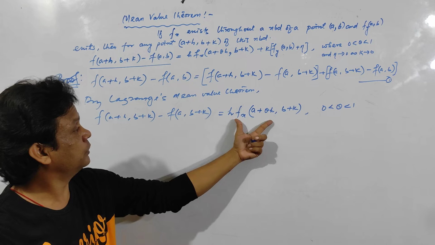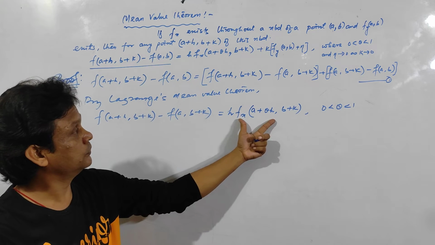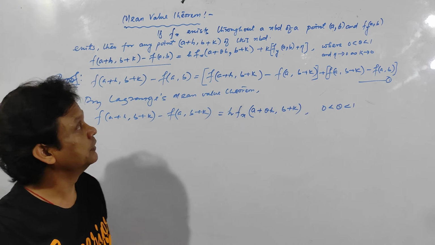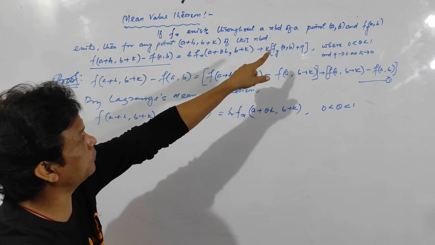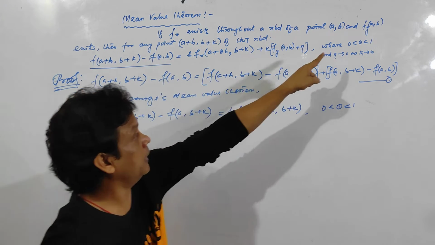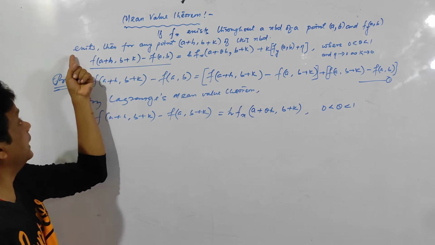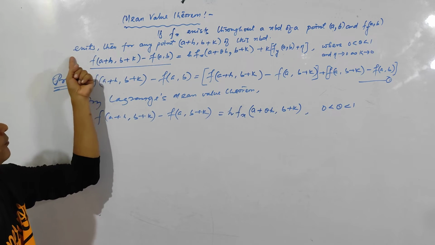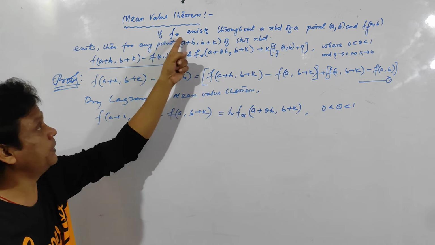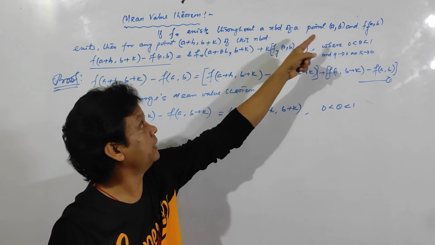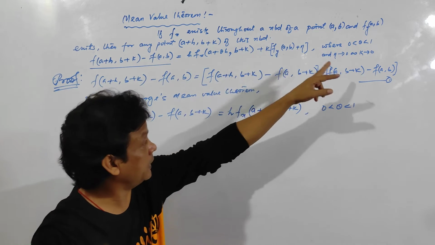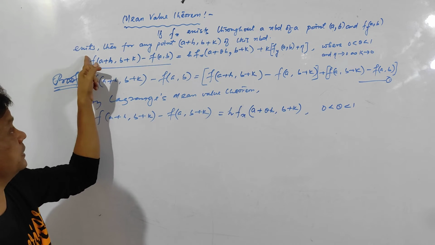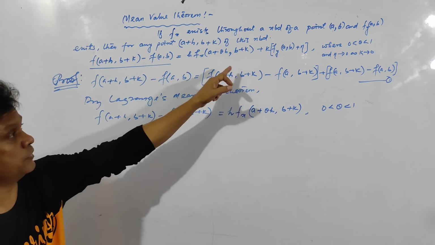See here, we have got this one. Only this part. And given fx exists throughout the neighborhood of a point (a, b) and fy at (a, b) exists. Here the theorem is: fx exists throughout the neighborhood of a point, the derivative of f with respect to x exists, and the derivative of f with respect to y also exists. Then you want to put this one.